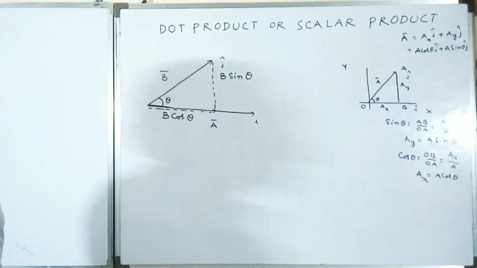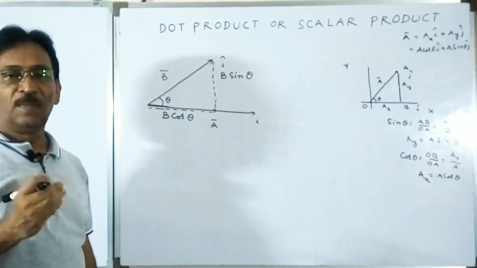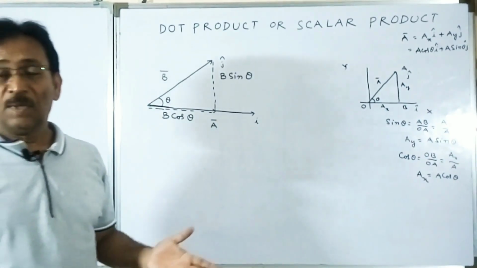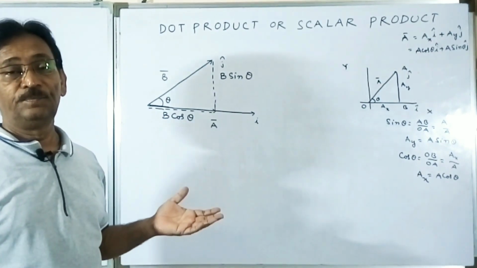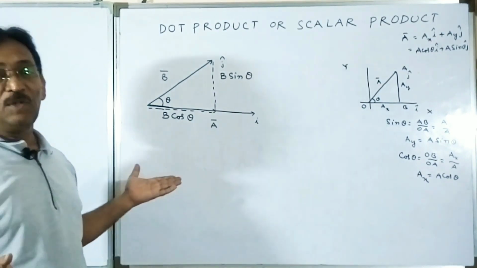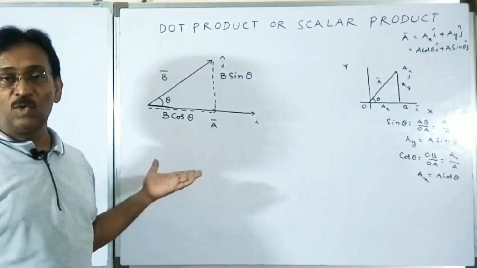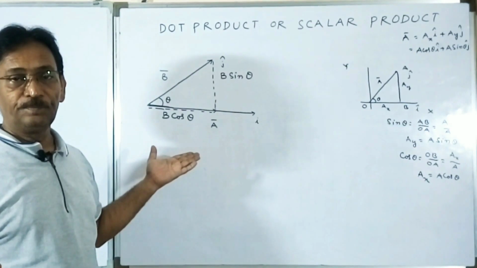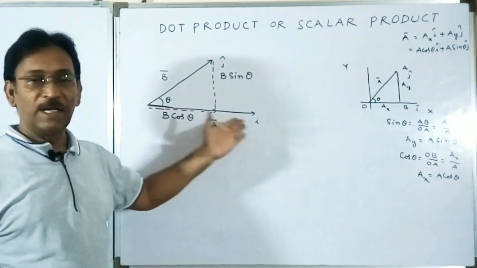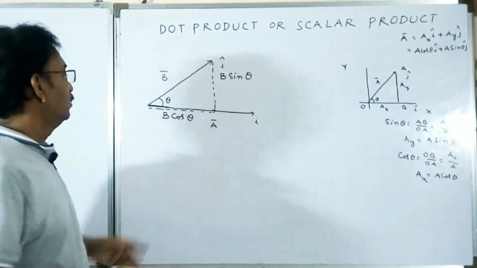According to the definition, what is the dot product of two vectors, or the scalar product? It is the product of the magnitudes of the vectors with the cosine of the angle between them, and it has to act along the direction of the first vector. See this?